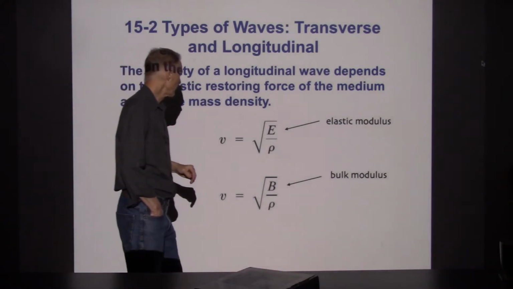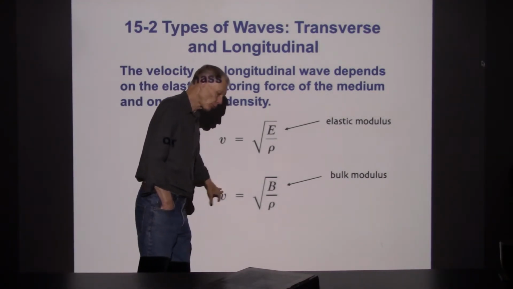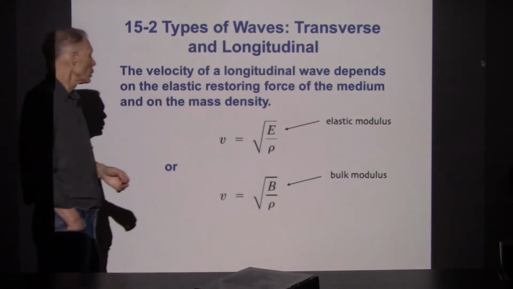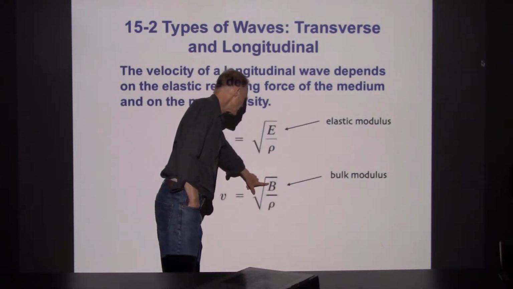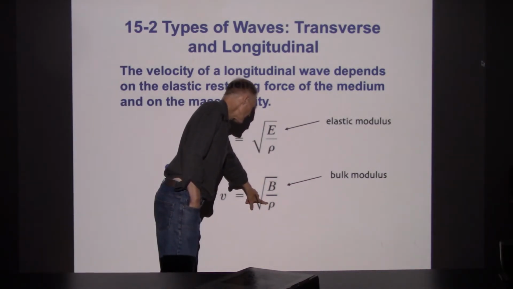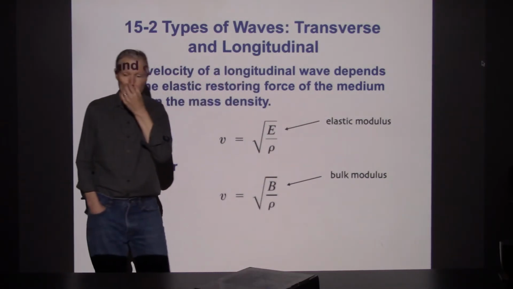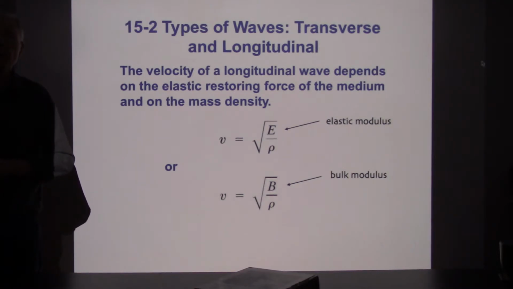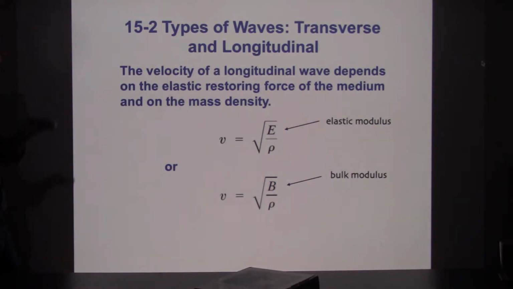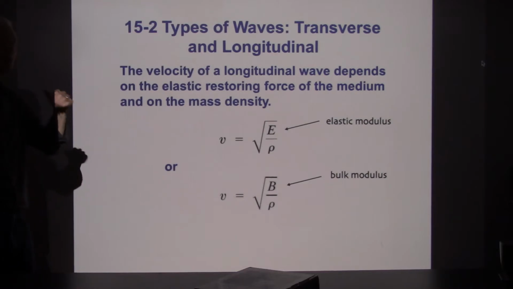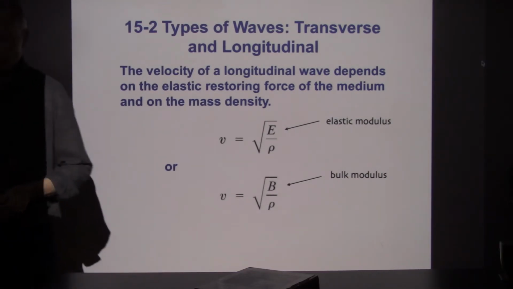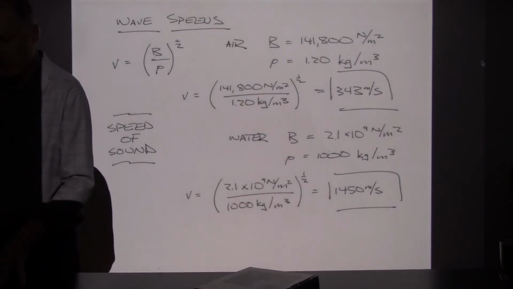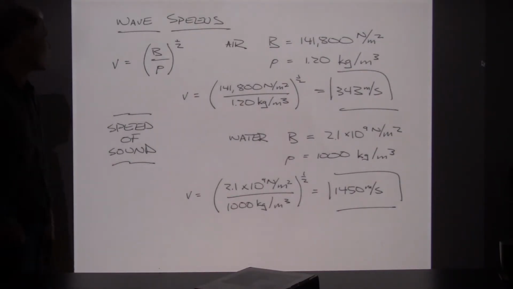And then for a fluid, for water, for example, or for air, we can use the bulk modulus divided by the density, take a square root, in order to calculate the propagation speed of the longitudinal waves that would propagate through a fluid. So I can use bulk modulus, elastic modulus, we can use the tension for a one-dimensional string or wire, all those speeds.